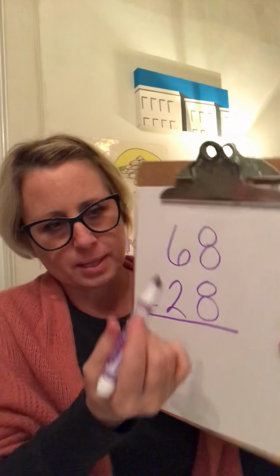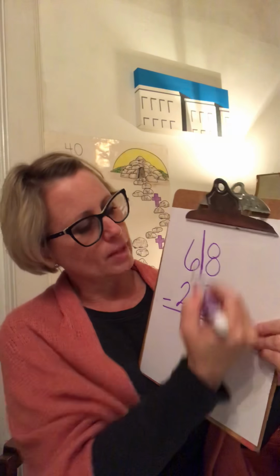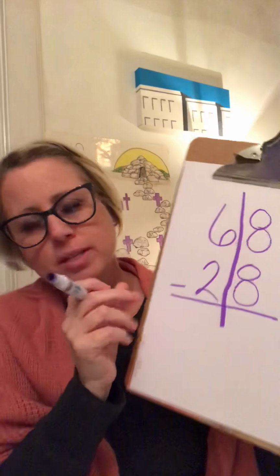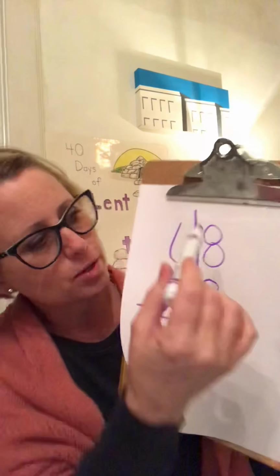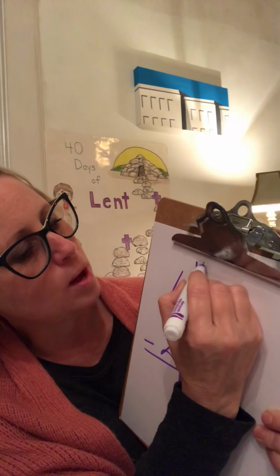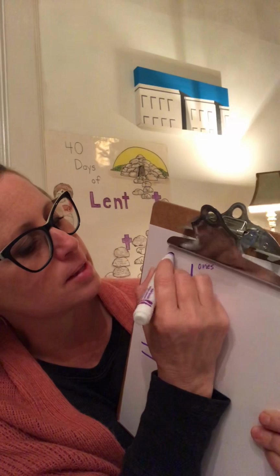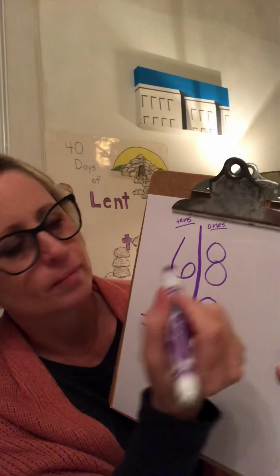All right, the first thing that you're going to do when you see big numbers like this is you're going to draw a line down the middle. And you're going to just work these just like you would normally when you're working your math facts. So let's break this down. This is the ones side, and this is the tens. All right, but we don't need to worry about that.